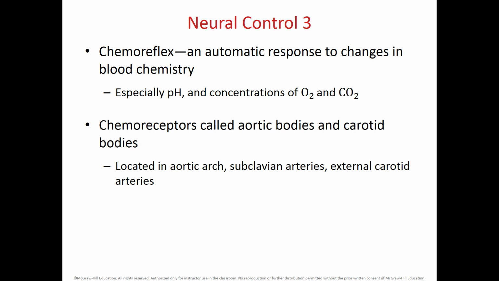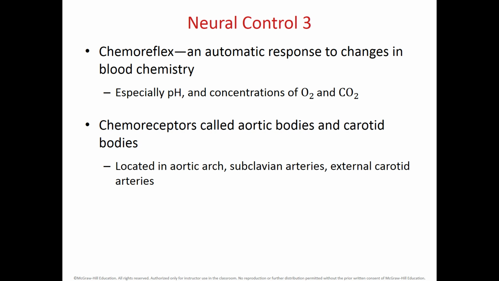Chemoreflex is part of the neural control of the blood pressure, and it will provide a response to changes in the chemistry of our blood, especially when you have changes in the pH or concentration of hydrogen ions, and also in the concentrations of oxygen and CO2.